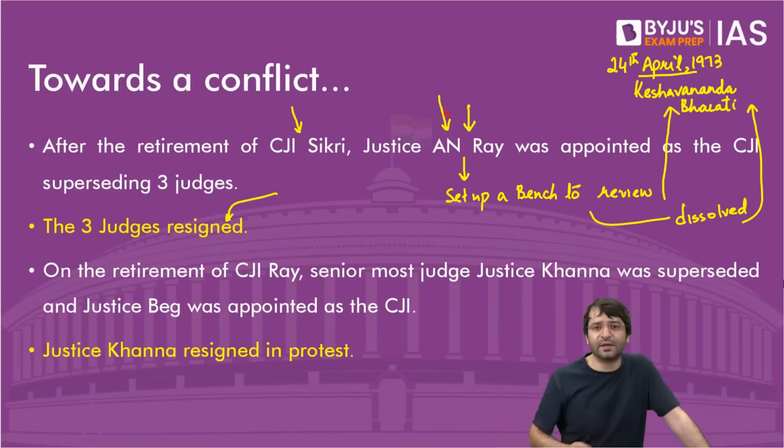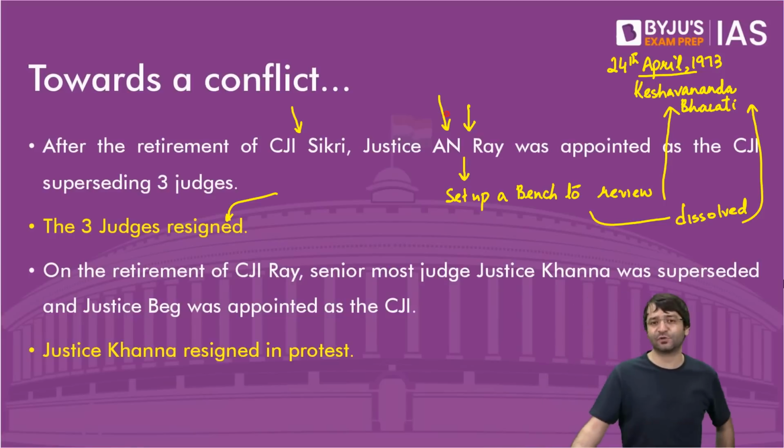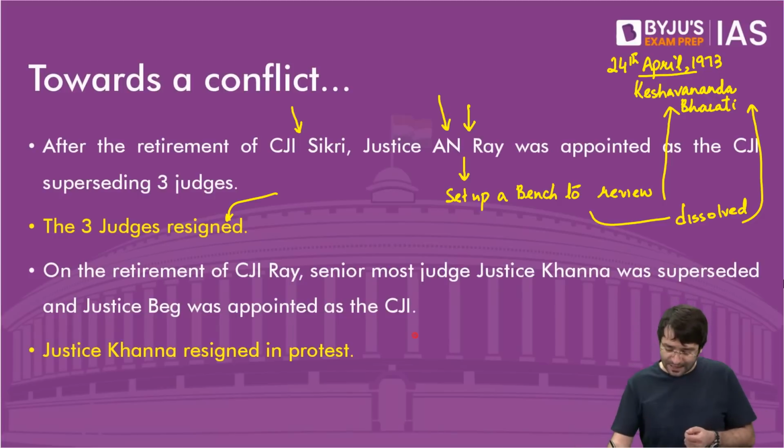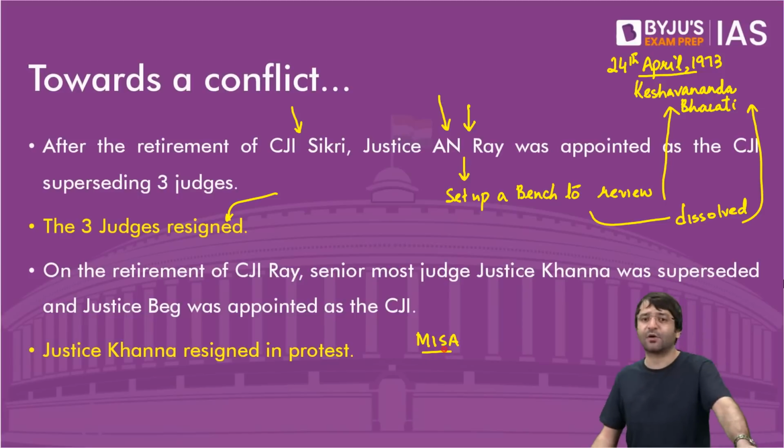2 years later, emergency was imposed in June 1975. And during this emergency period, a law was also passed known as MISA, Maintenance of Internal Security Act. Under this law, if an individual has been arrested, this individual cannot approach the Supreme Court.